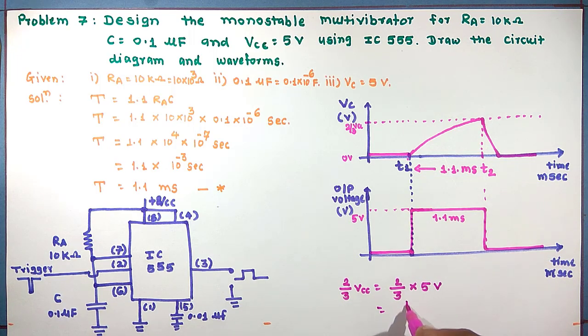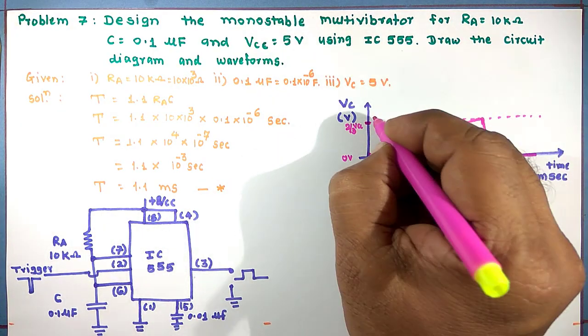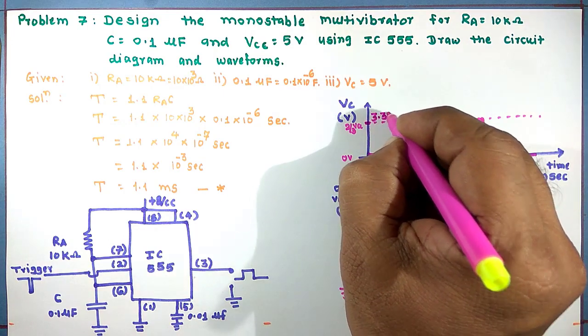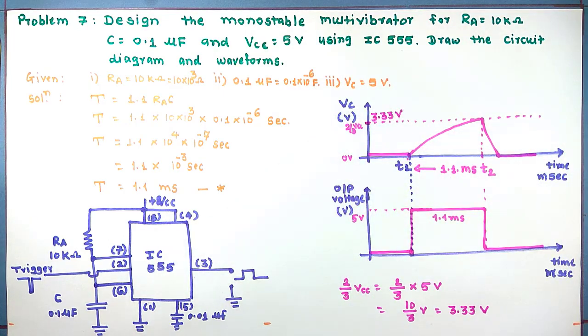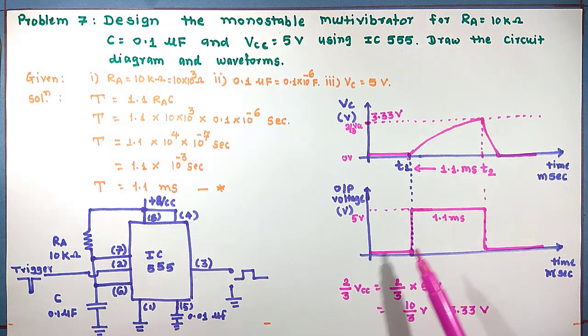So this is equal to 10 divided by 3 volt, which comes out to be 3.33 volt. So this voltage is equal to 3.33 volt. So in this way, in this problem, we can draw the waveforms for monostable multivibrator.